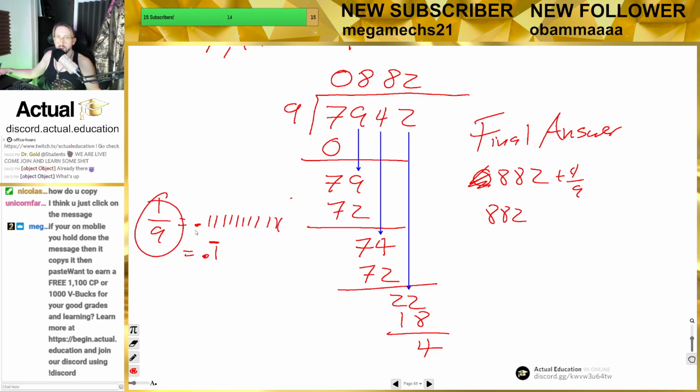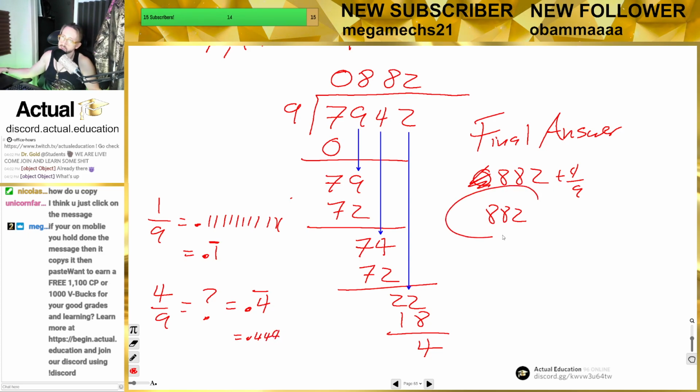Alright. So if 1/9 is 0.1 repeating, what's 4/9 going to be? What is 4 of those? 4/9 is 0.4 repeating. Yes. 0.44444.